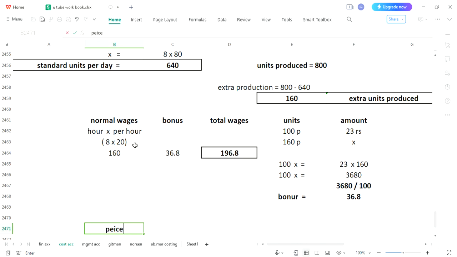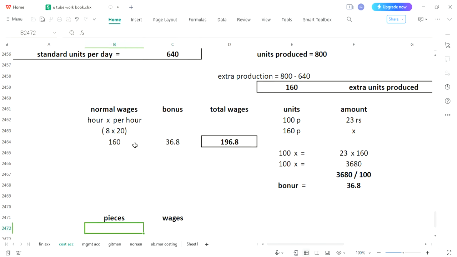Again we will apply the principle. So pieces are made and wages. 800 pieces the worker had made, and how much amount is he receiving? 196.8.